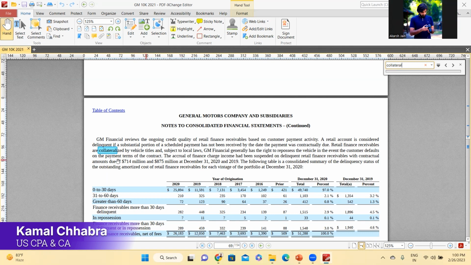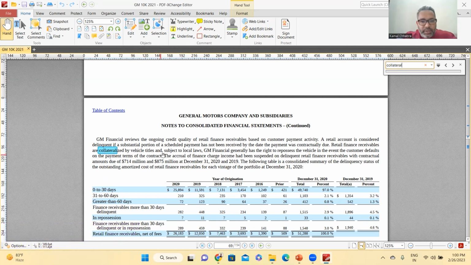Okay, got it? Collateralized by the vehicle and subject to local law, GM Financial generally has the right to repossess the vehicle in the event of customer default on the payment terms of the contract. The accrual of finance charge income has been suspended on delinquent retail finance receivables with collateral amount due of $714 million and $875 million on December 20 and December 19. That's how you need to give the disclosure.